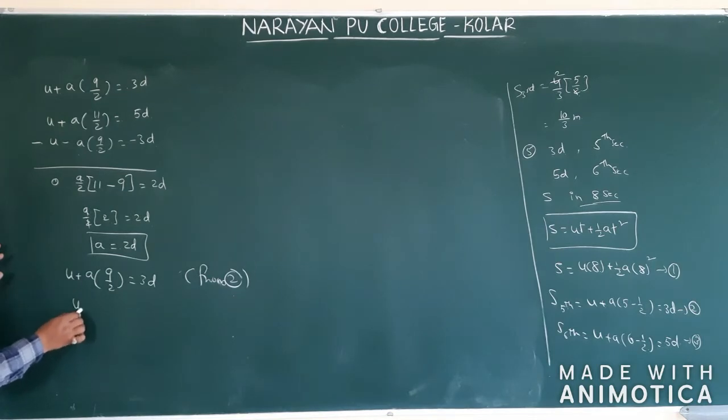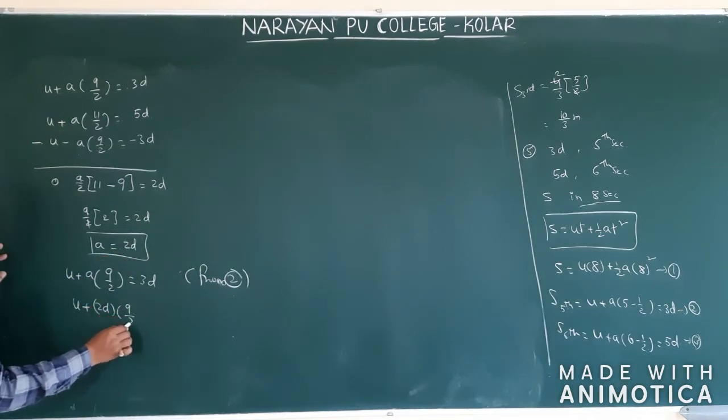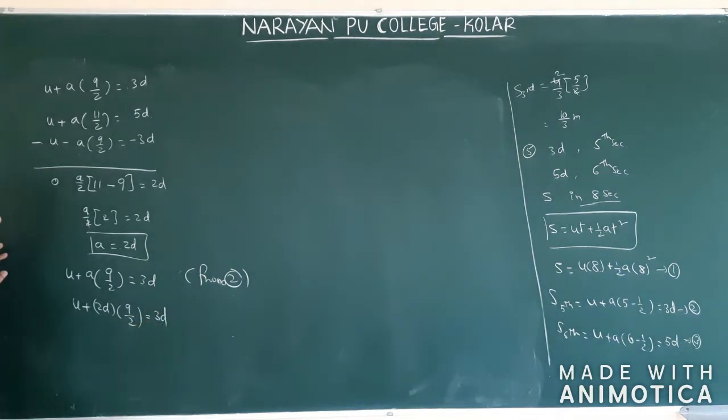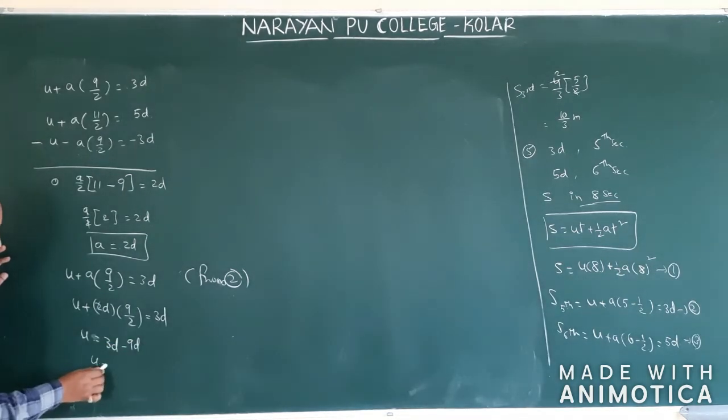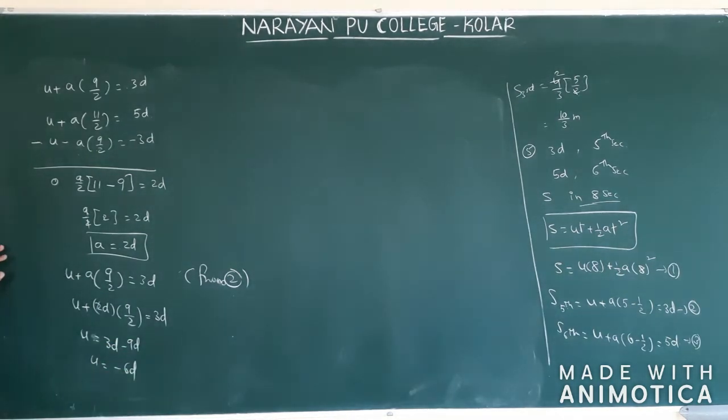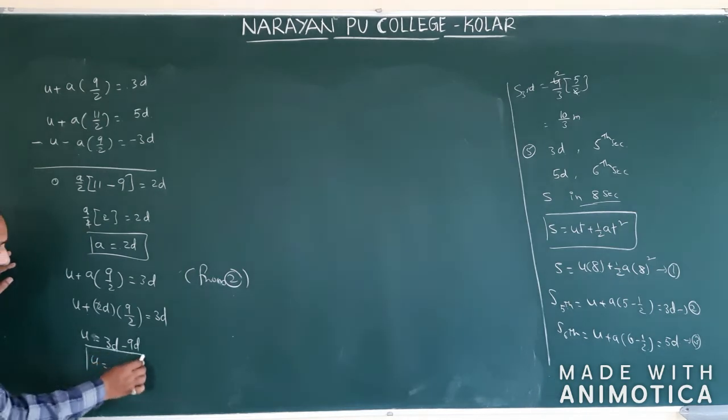We should find the u value. a value is 2d, into 9 by 2 is equal to 3d. The 2 will be cancelled. Then u is equal to 3d minus 9d, that is nothing but u is equal to minus 6d.